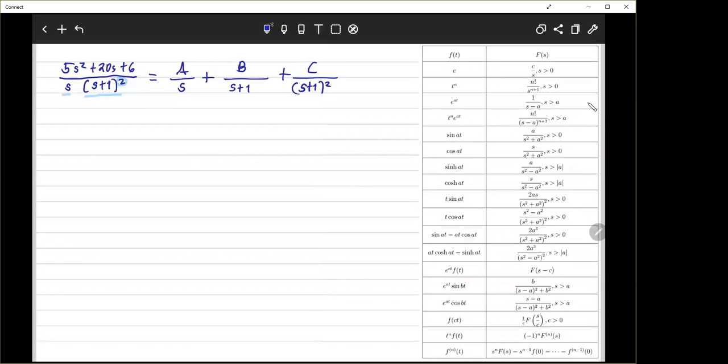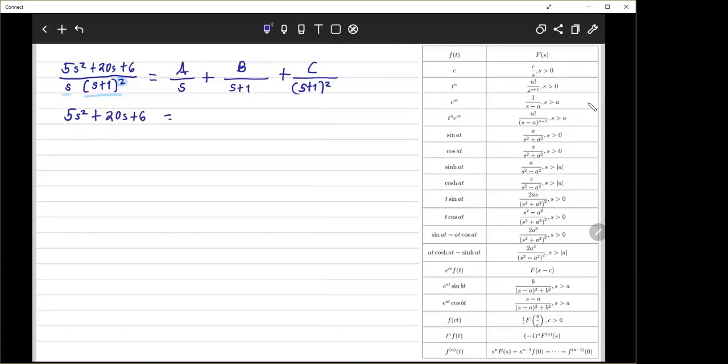So una muna, kailangan kong i-clear out yung mga denominators natin para meron lang akong polynomial on both sides of my equation. So I will multiply both sides by s times s plus 1 quantity squared. So, ang mangyayari dun sa kaliwa, magiging 5s squared plus 20s plus 6.